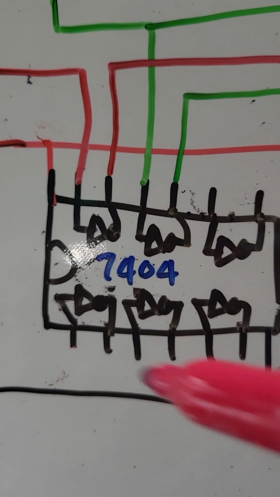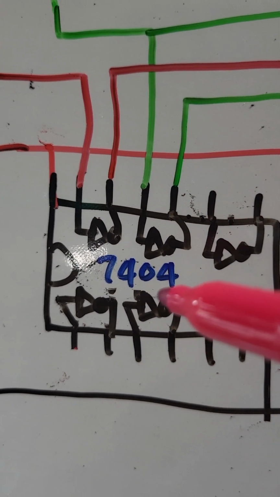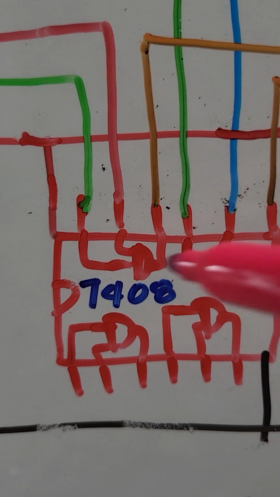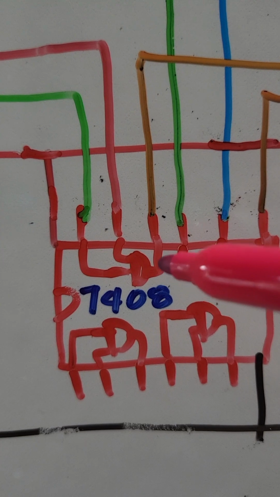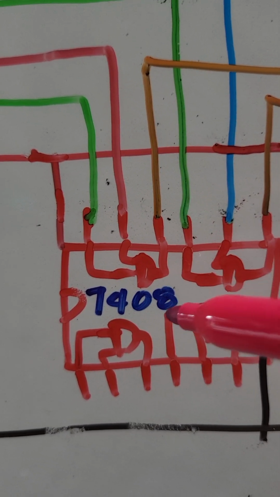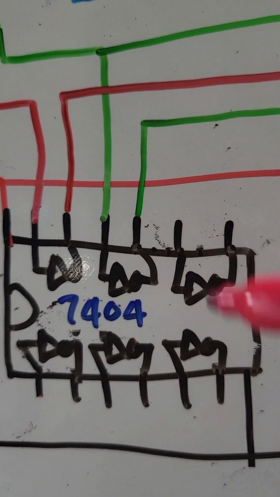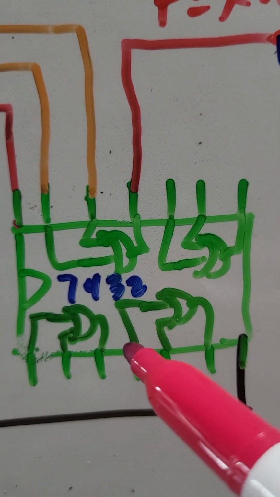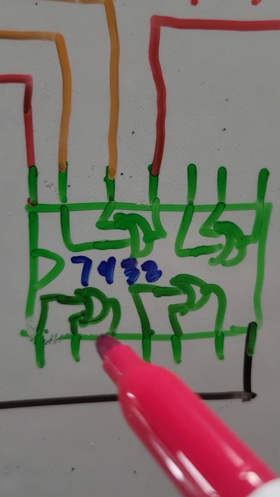So 6 inverters inside. And for the AND gate, since this is only 2 inputs, we have also 4 gates inside. So we call this a quad AND gate. And this is a hex inverter, hex, since 6 gates inside. And for the OR gate also, this is a quad OR gate, 4 gates inside.